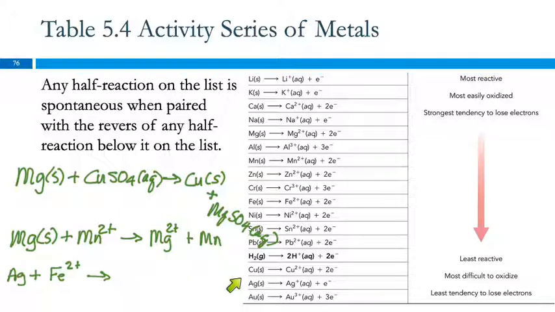Silver's down here. The one with the charge is the one that has the girl. He's charged up because I got this cute girl with me, right? So here, even though I'm not showing who the girl is, iron has her. And silver is not cool enough to take the girl from iron, and so nothing's going to happen here. Silver will remain alone, and iron will keep the girl, unless iron runs into somebody above him, like lithium, and lithium could take the girl from iron.